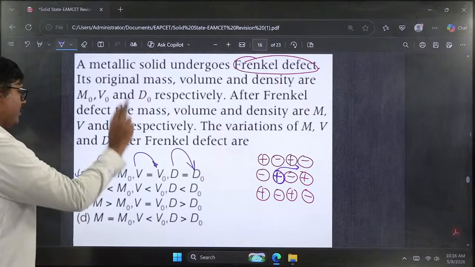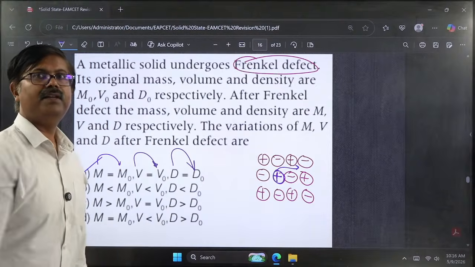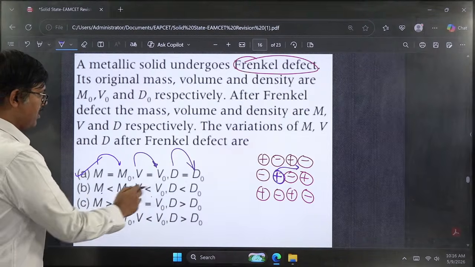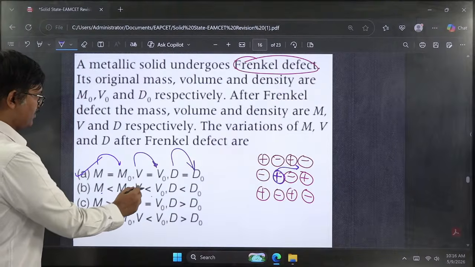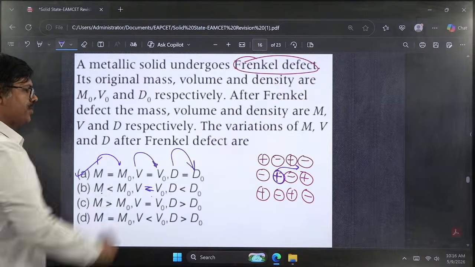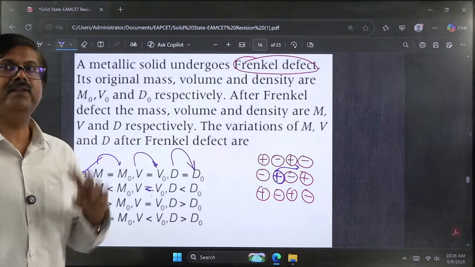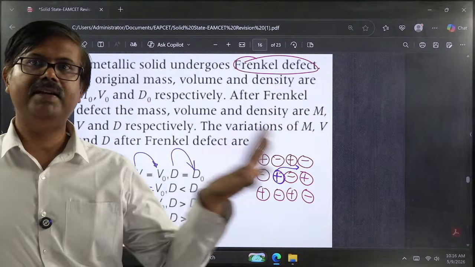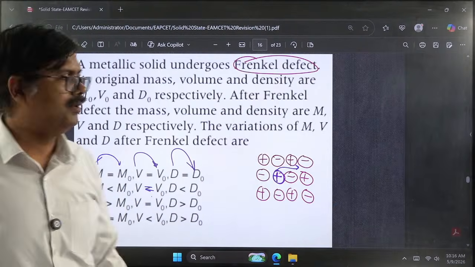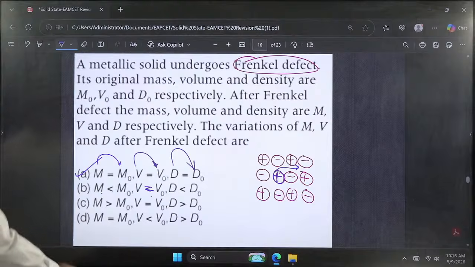In Schottky defect, mass will be lesser, volume will be the same. If they give like that, that will be the option for Schottky defect. But here, for the Frenkel defect case, only the first option applies. So this is how you have to solve.